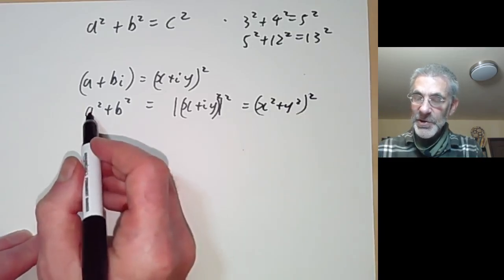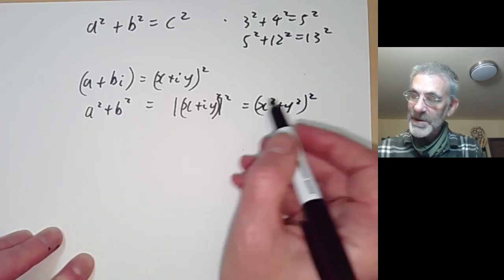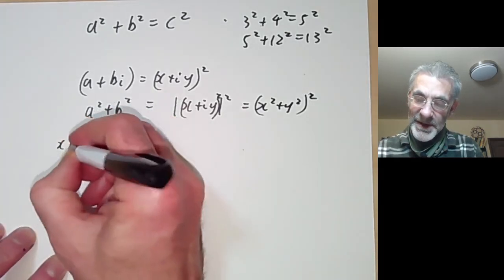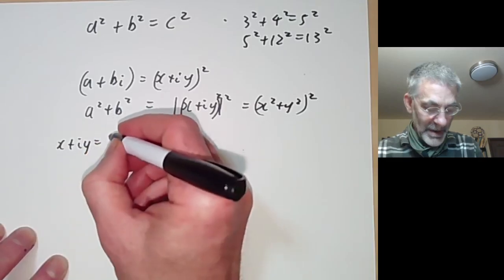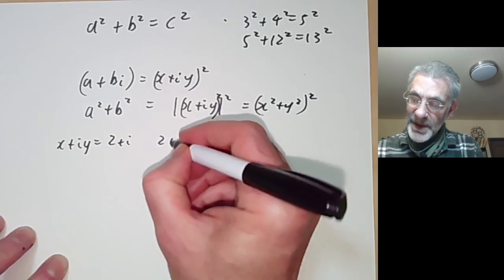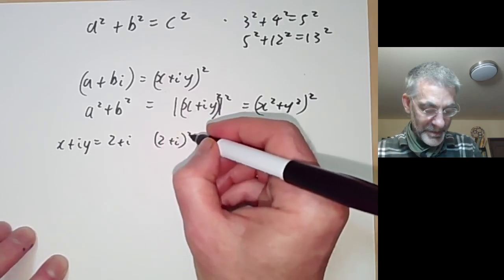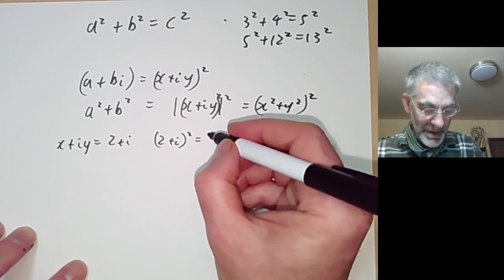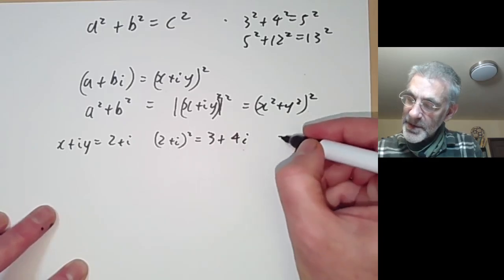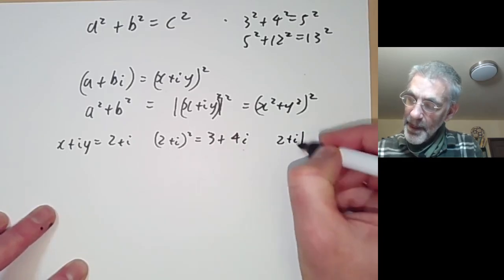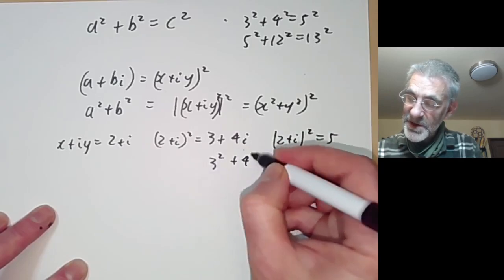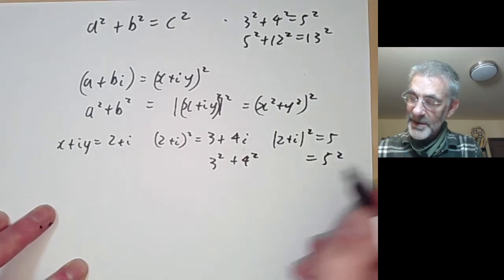And here we've got a solution of a squared plus b squared equals something squared. So let's just try this. Let's try x plus iy equals 2 plus i. So 2 plus i squared is equal to 3 plus 4i, and 2 plus i absolute value squared is equal to 5. And this gives us the solution 3 squared plus 4 squared equals 5 squared.